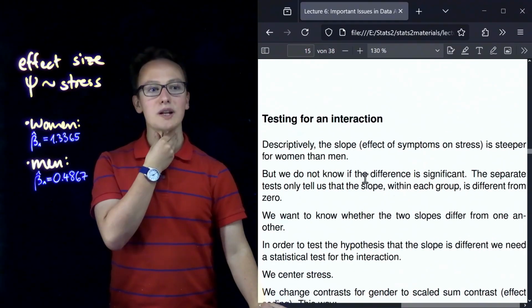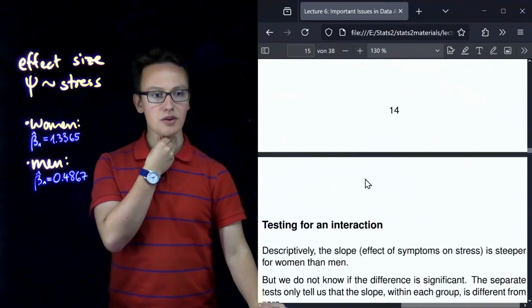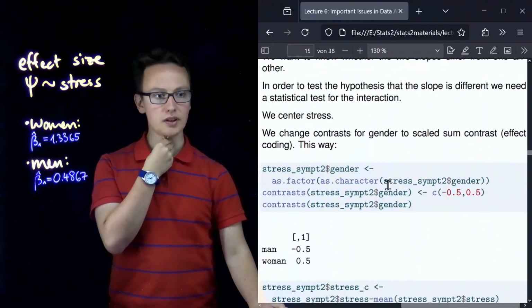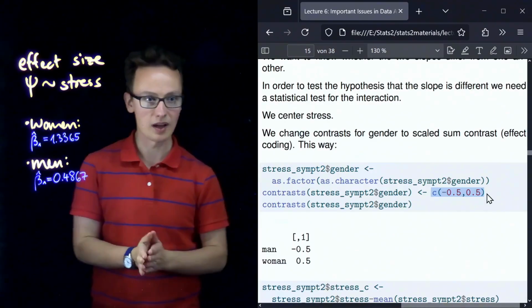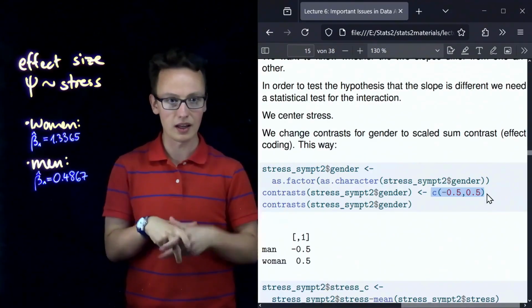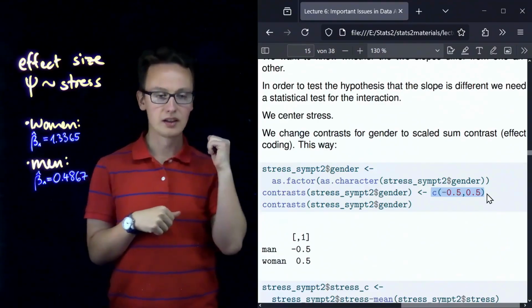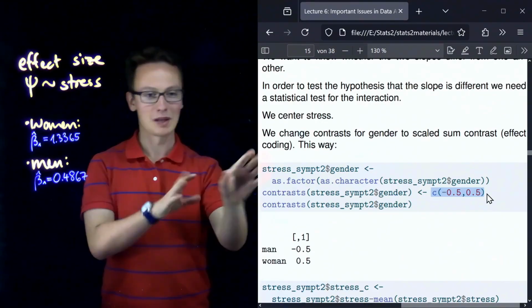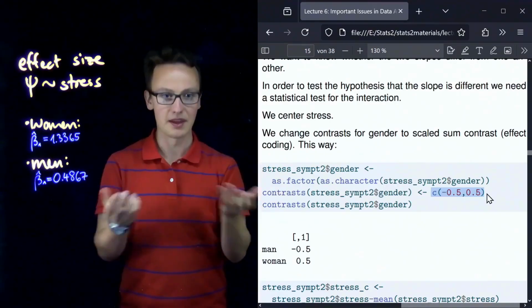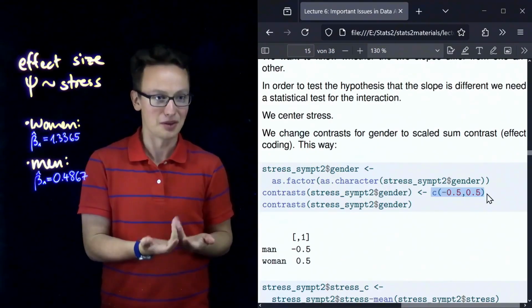Now, once we've done this, and we've also coded the gender variable using scaled sum coding, which in a way is also a sort of centering, right? Because if you do scaled sum coding, or any contrast coding where the average of the coded values, assuming a balanced data set, is 0, then you've also centered that predictor in a way.